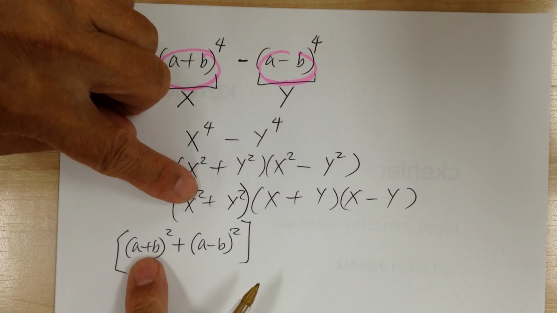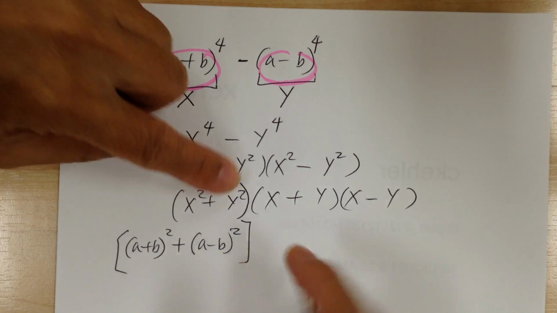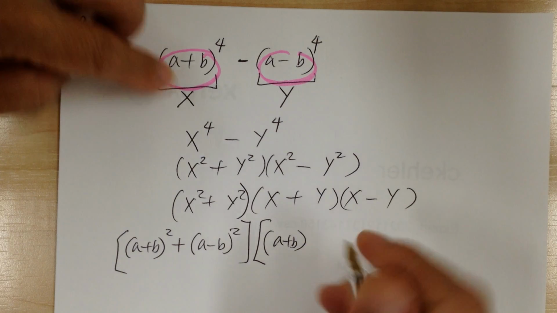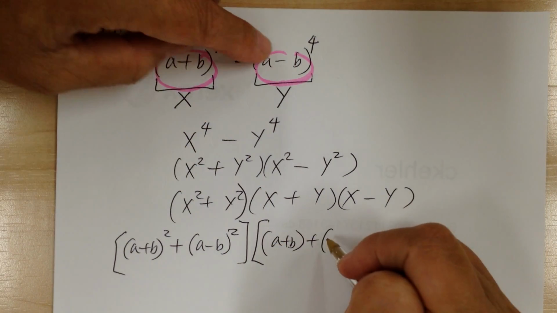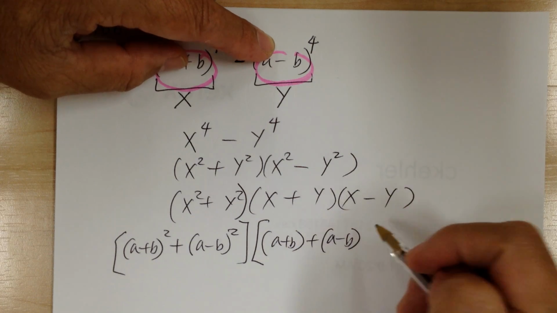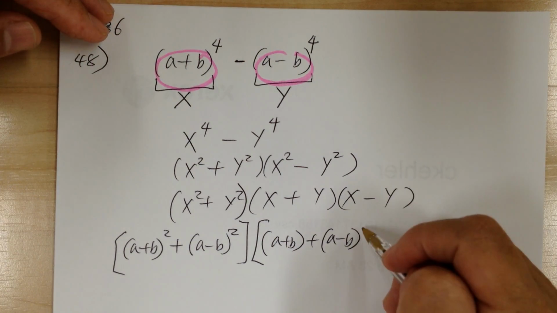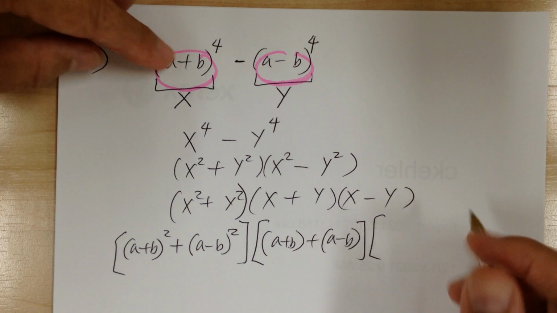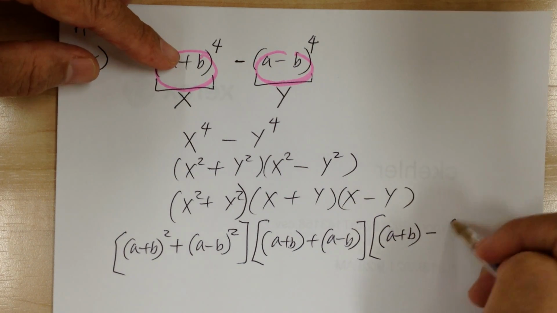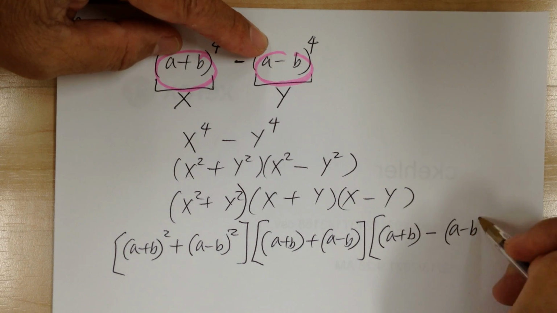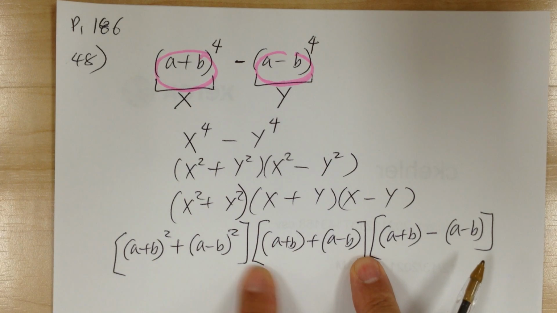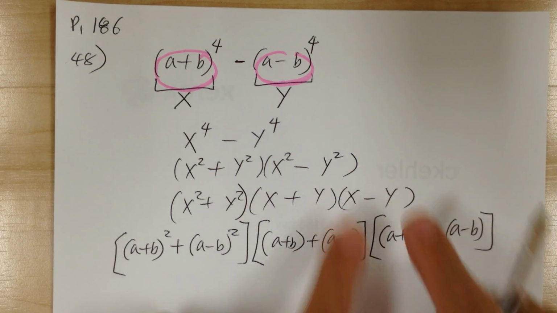This is this over here. The next one, you're going to get a plus b, that's this one here, plus a minus b, that's this one here. And then the next one you got (a plus b) minus (a minus b). So this is this one here, this one is this one.